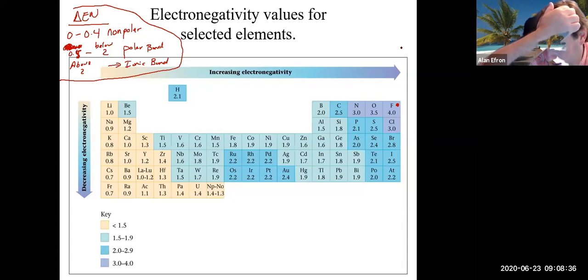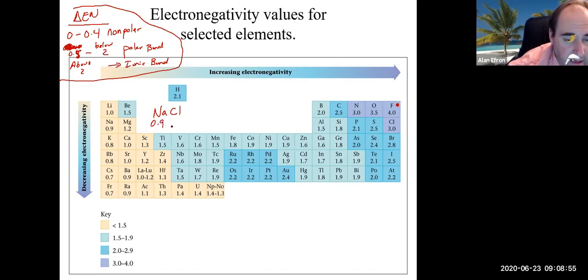So let's take a look at what we saw on the previous slide or a couple of slides ago when we were talking about the 3 different types of bonding. If you remember, at one extreme, we had our sodium chloride, right? If we look up the value for sodium, it's 0.9. We look up the value for chlorine, it is 3.